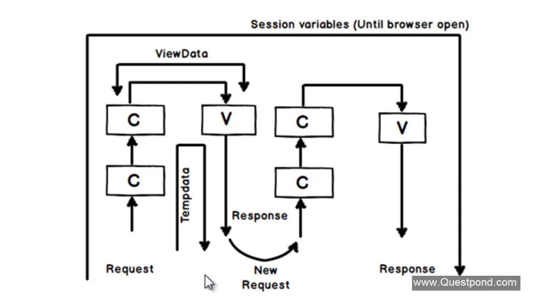So if you want to maintain data between multiple requests, or until your browser is open or until your session is open, then you have to use session variables. So remember, view data or view bag only from controller to the view, temp data for a single request, irrespective it passes from action to action or from action to a view.